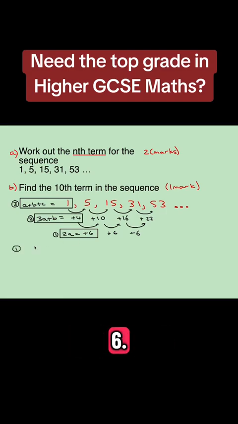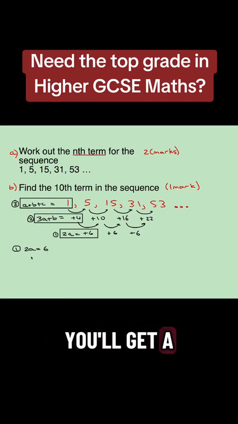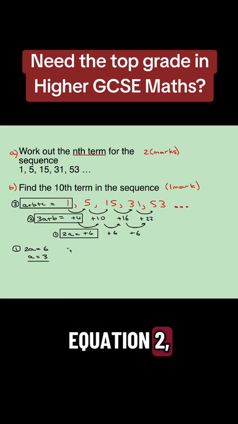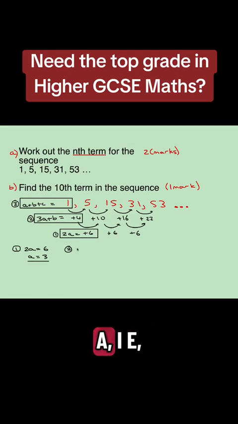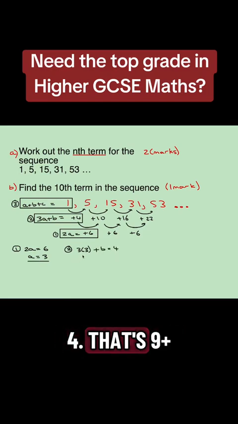2a equals 6. Therefore, if we divide both sides by 2, you'll get a equals 3. So that's one of them that we'll need. And then we'll move on to equation 2, which is 3a, i.e. 3 times 3, because a is 3 from the first one, plus b equals 4. That's 9 plus b equals 4.